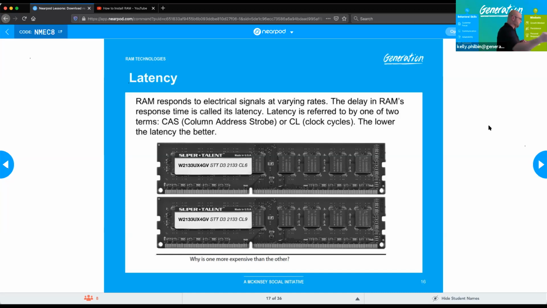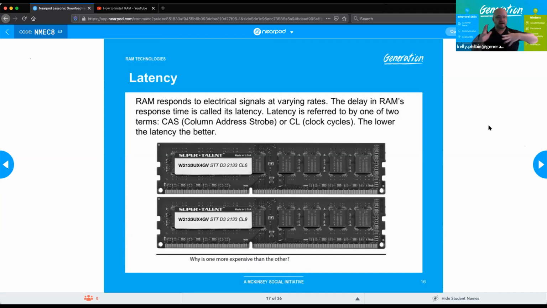Another thing you're going to be looking for on these chips is a latency. What that latency means is how long it takes for that memory to go through an entire cycle, like how many clock cycles it takes to run through the entire memory chip and then start back over.